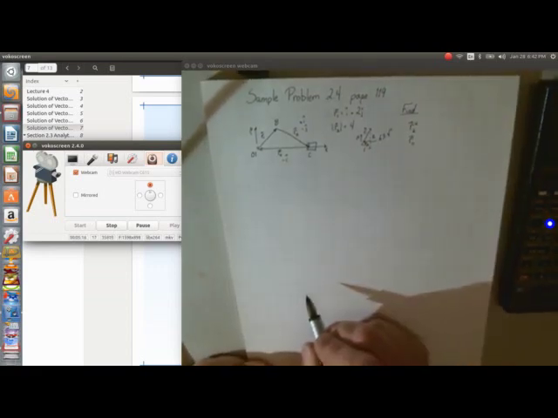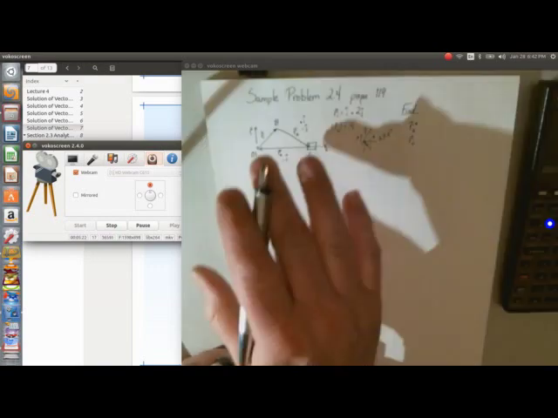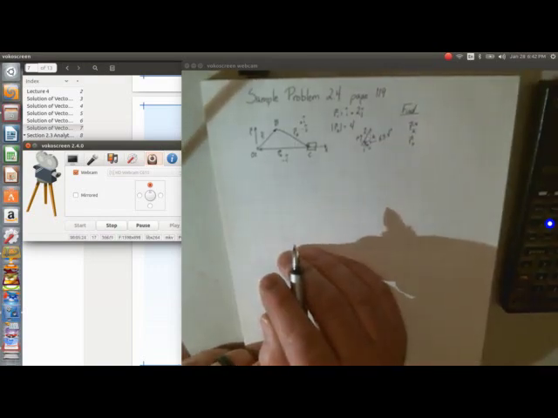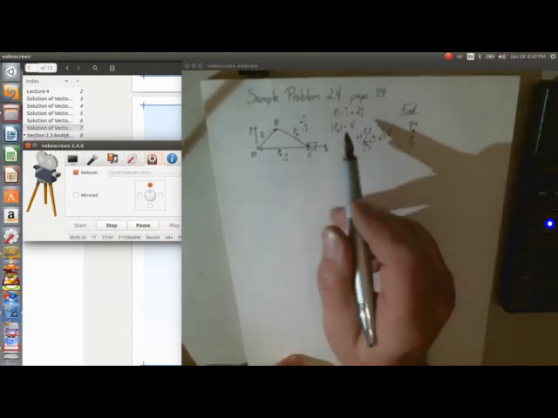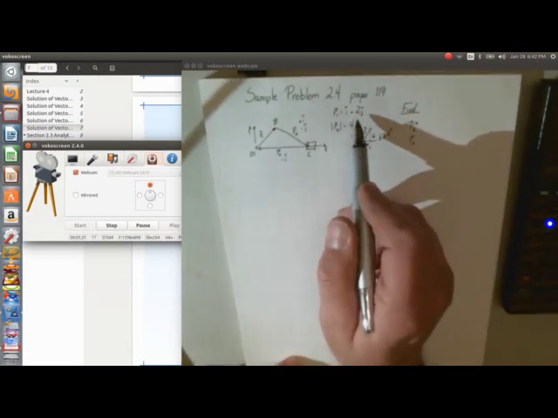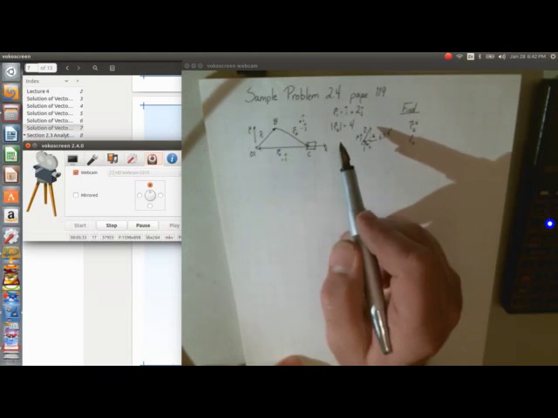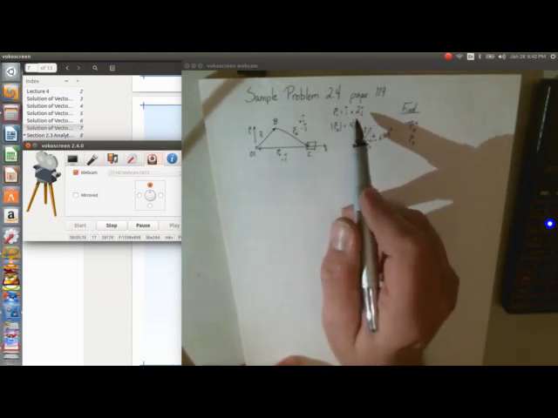Now if I go back and take a look at slide 7 of the notes, I can find that this system corresponds to what's mentioned in slide 7. Specifically, that we know the position and orientation, so the direction and magnitude of one of the vectors and the length of the other.